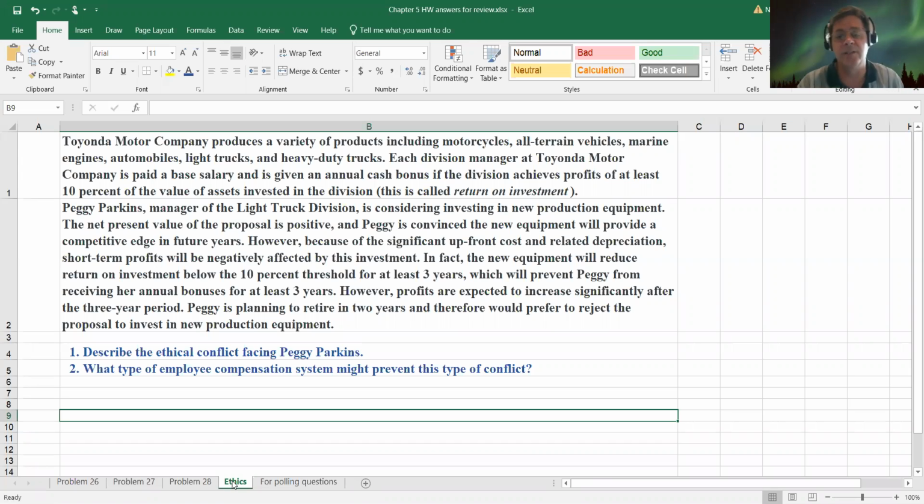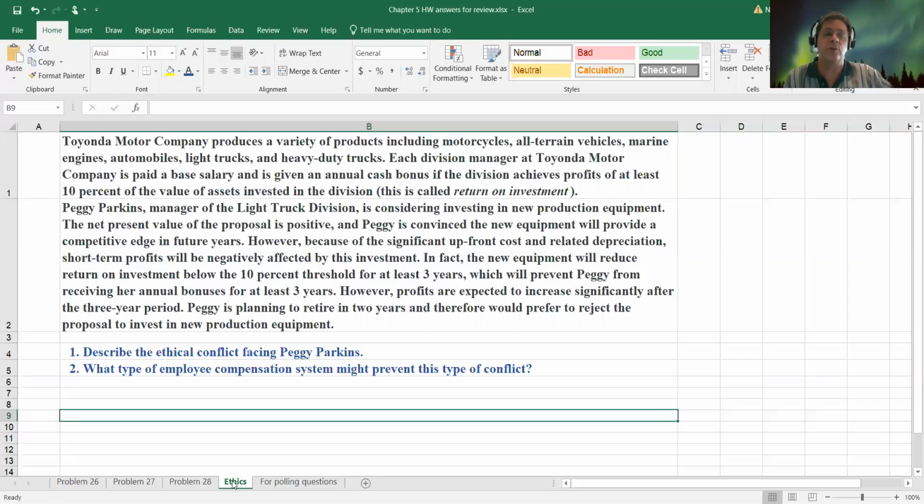Peggy is convinced that new equipment will provide a competitive edge in future years. However, because of the significant upfront cost and related depreciation, short-term profits for the next 2 or 3 years will be negatively affected by this investment. In fact, such that the return on investment will go below the 10% threshold.